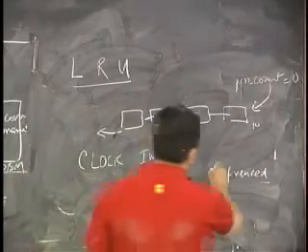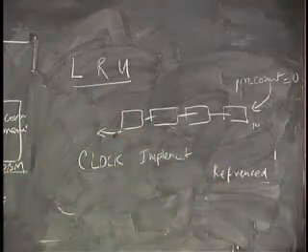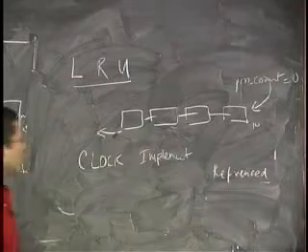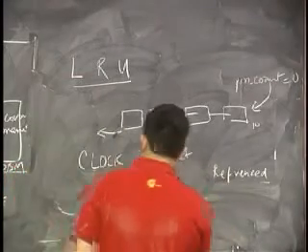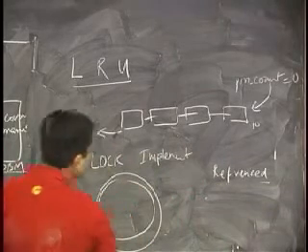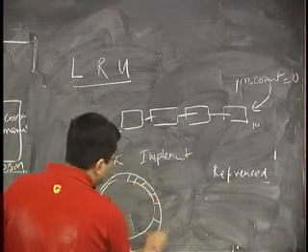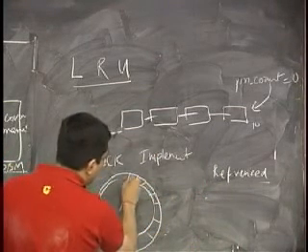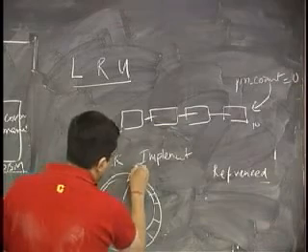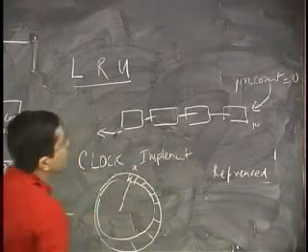Fundamentally, it is the same as least recently used. But think of it as a circle where all these pages are there. Now a variable current is here, whose value right now is, say, x. It will go here and it will check.